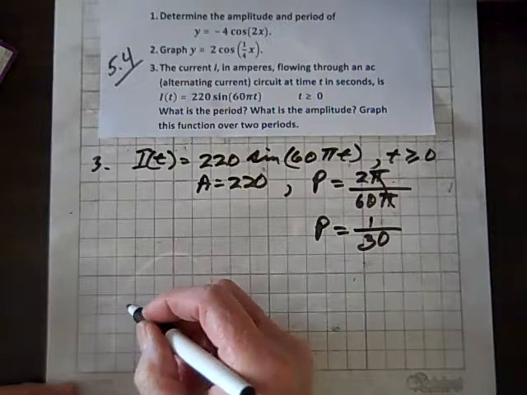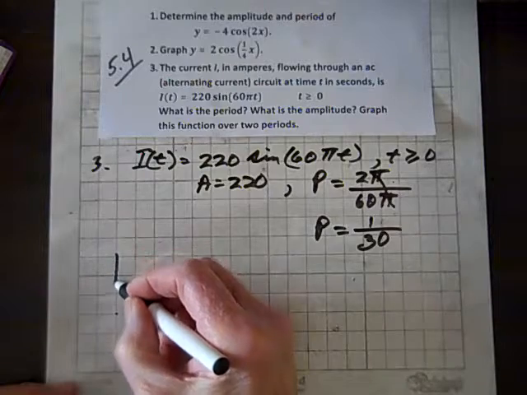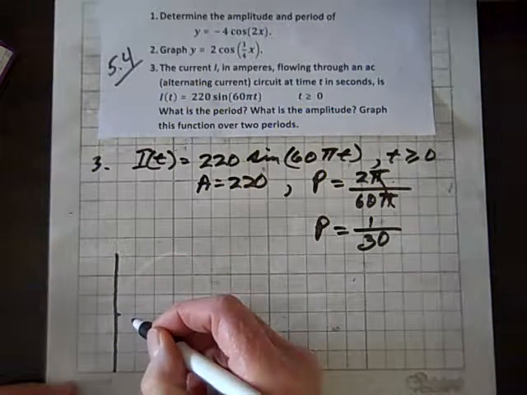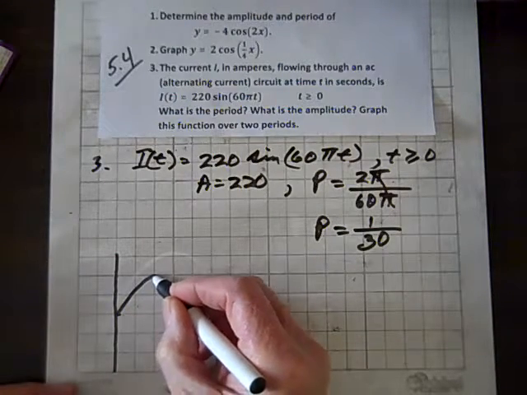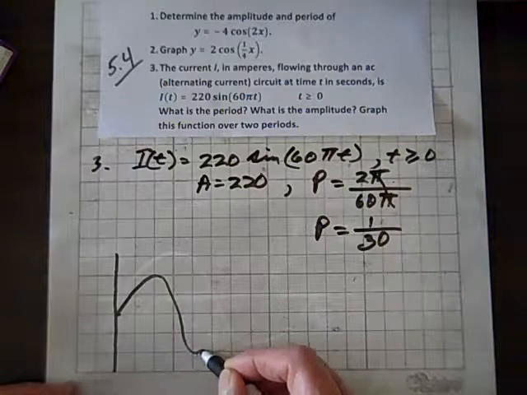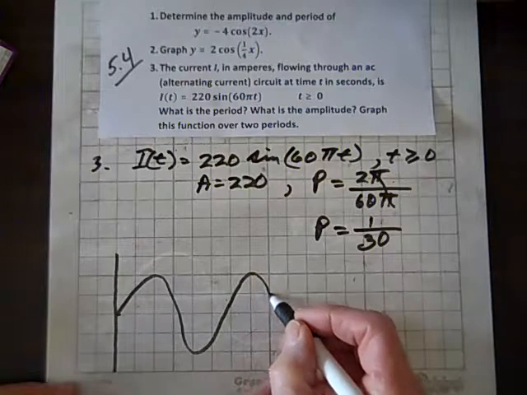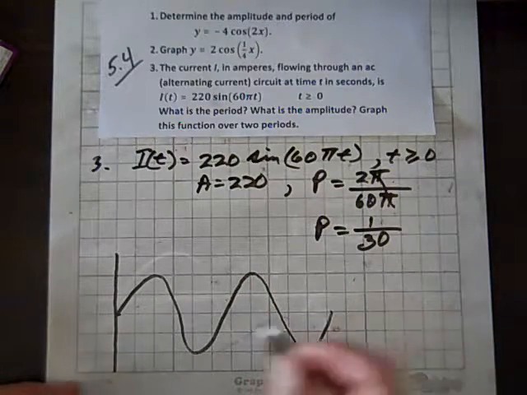So, let's see, I'll start right here, this is a good place to start, and I'll go up a couple, down a couple, up a few, down a few, and land right there.